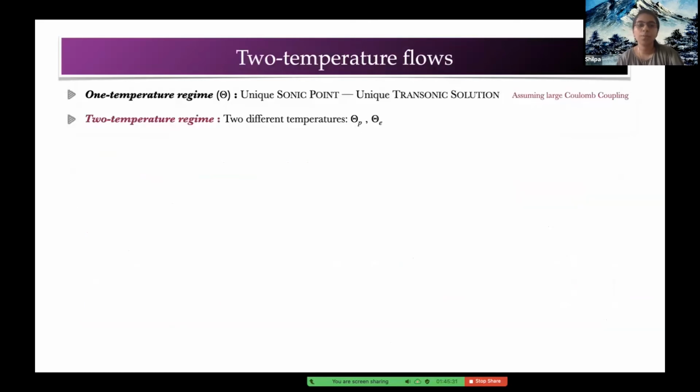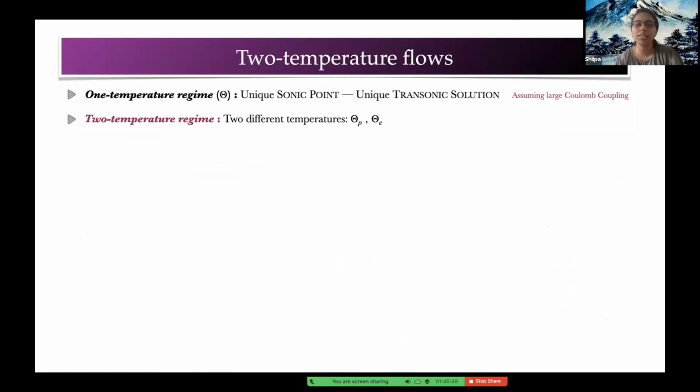Now there could be one temperature flows as well, because a lot of work has been done in one temperature flows, where people have considered that the Coulomb interaction between the protons and electrons is very strong, allowing them to settle down into a single temperature. That is, the proton and electron share a single temperature.